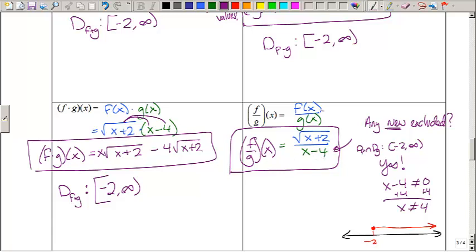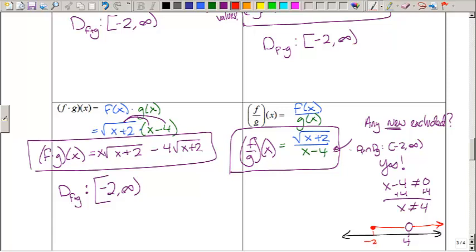But now that we've created a new function, putting g of x in the denominator, we have a problem area. x is not allowed to be equal to 4. So I'm going to come in here and punch out a little hole at 4 and only include the values that are greater than or equal to -2, but not equal to 4.